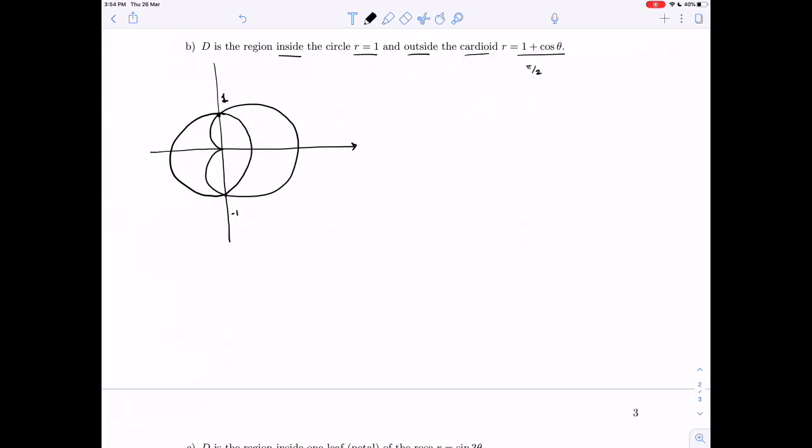And we want to be inside the circle r equals 1 and outside of the cardioid. So if we look at all of the regions bounded here, inside the circle and outside the cardioid is that region there.